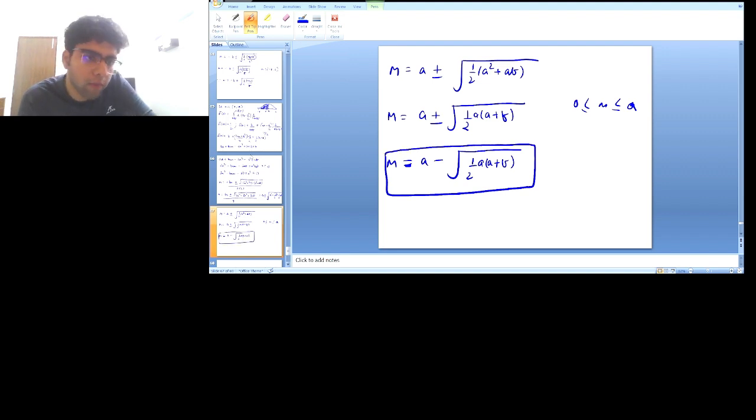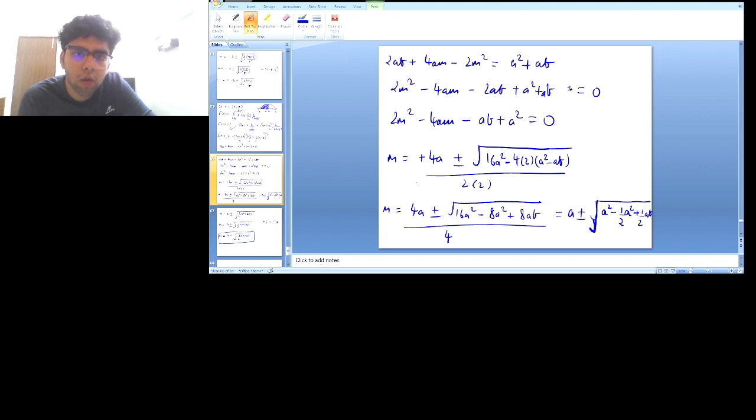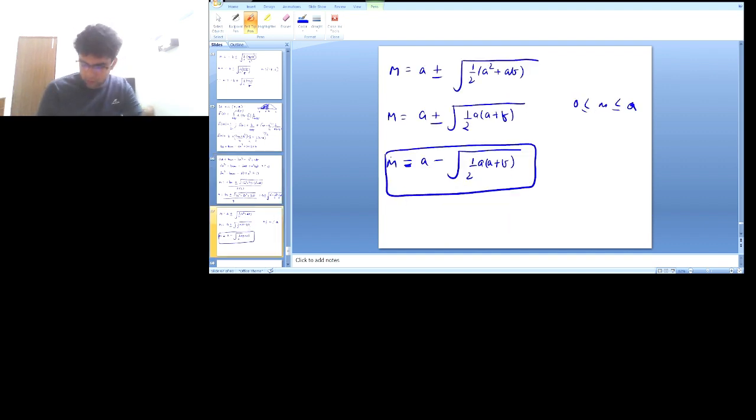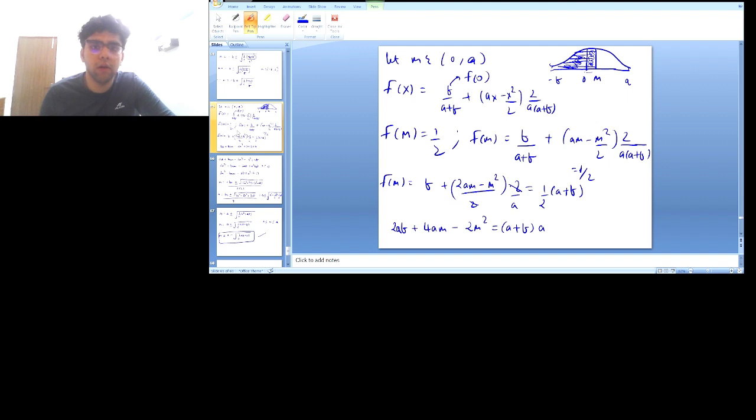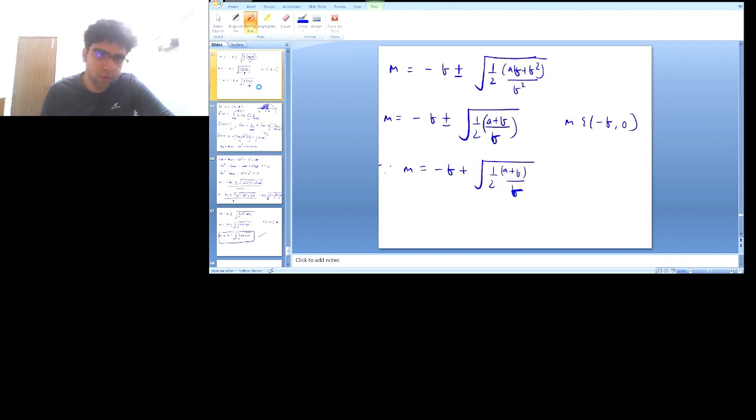Let me check if I made some mistake or not. So let me check my answer. Yes, so they have given the median as this value, right? But I calculated one more value here, so I gave you two values. I feel you need to check the other value also.